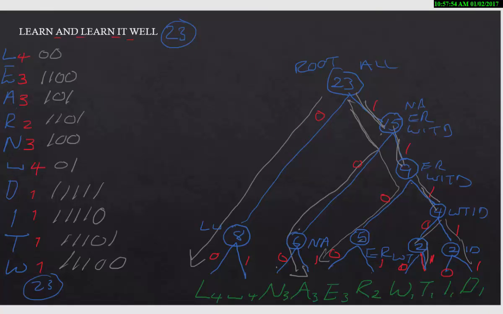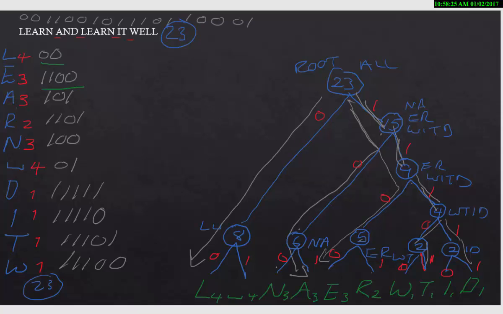So if you were to learn it well, it would be 00, 1100, 101, 1101, 100. And then you'd have the space after that, which is 01. Another thing to notice here is each of these values. For L, for example, the code is not a prefix of any other code in this list.